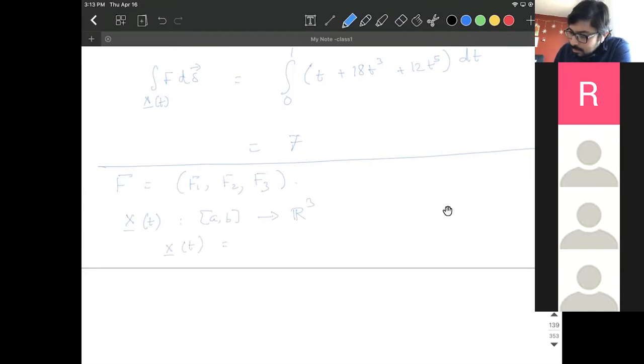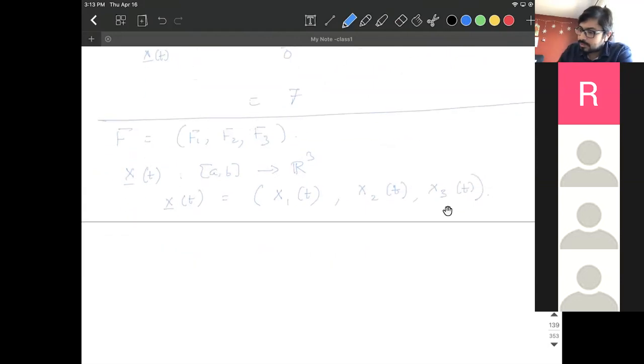I'm differing the notation from the notes a little bit. So the path also has three components, and each x1, x2, x3 is simply a continuously differentiable function from the closed interval [a,b] to R.